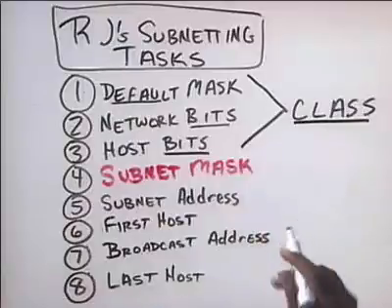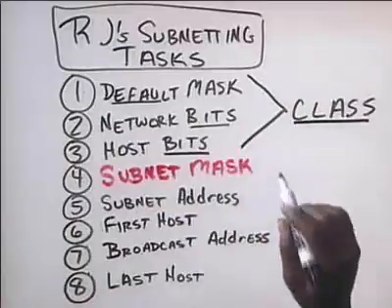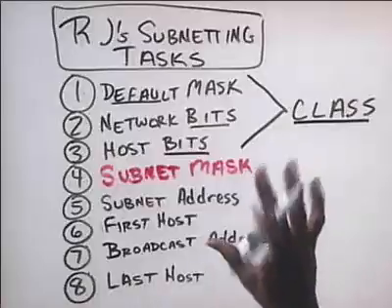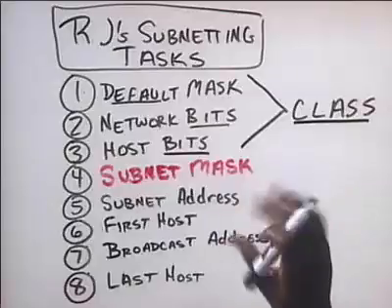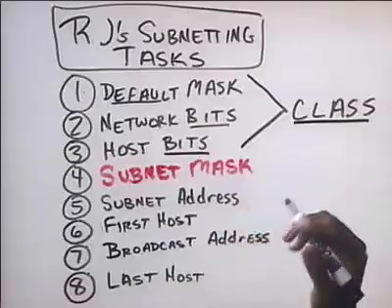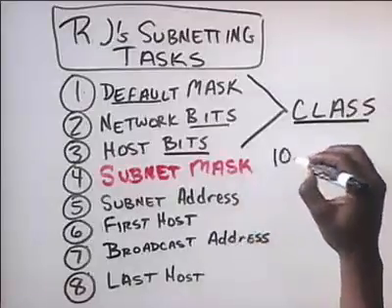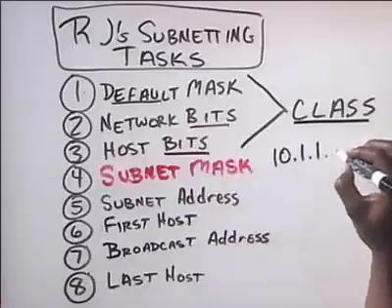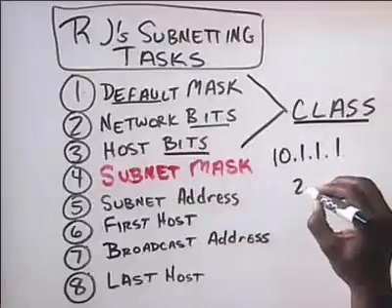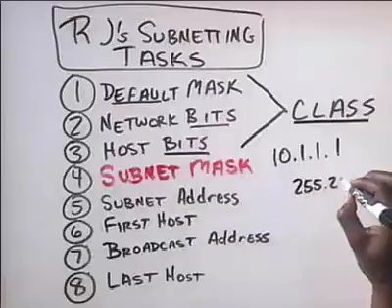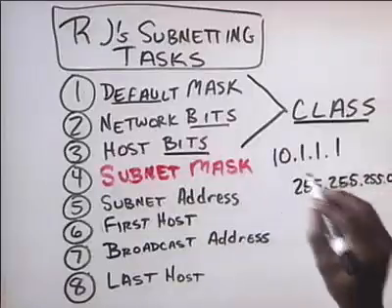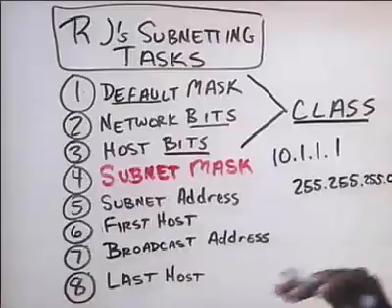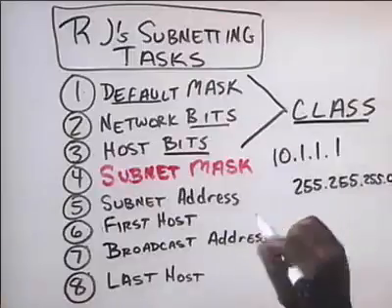Now, just for fun, let me give you an example of that real quick, just to clarify a misunderstanding that a lot of students have coming into class. If you see this address right here, 10.1.1.1, with a mask of 255.255.255.0, oftentimes I'll ask them, what class address is this?